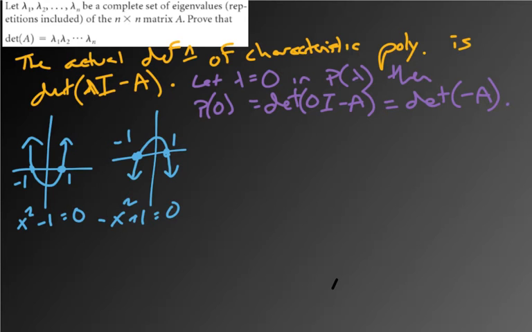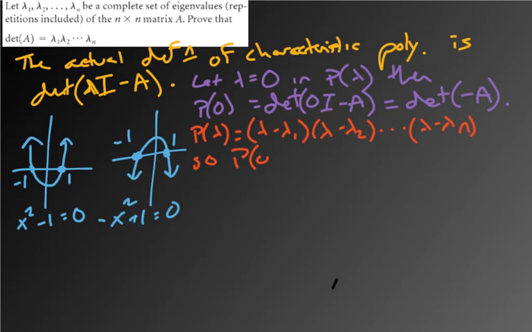We can go a little further here. We know our eigenvalues are these values, so P of lambda equals lambda minus lambda 1, times lambda minus lambda 2, dot dot dot, times lambda minus lambda n. This is just Algebra 2 stuff again: these are the factors that give me these roots.